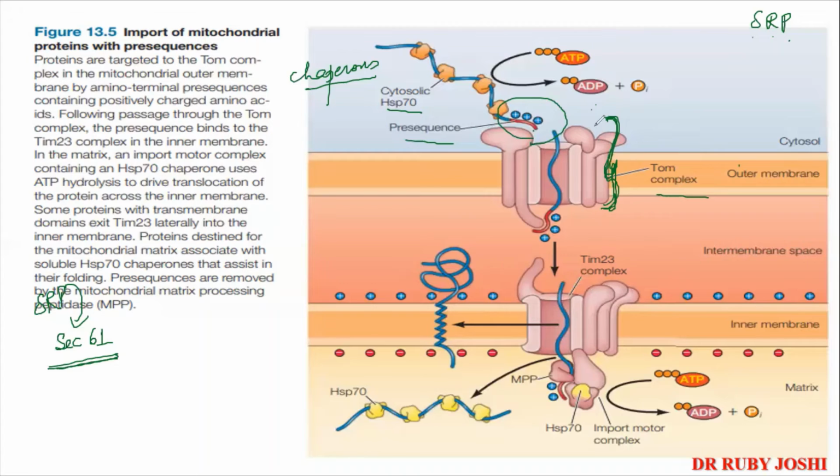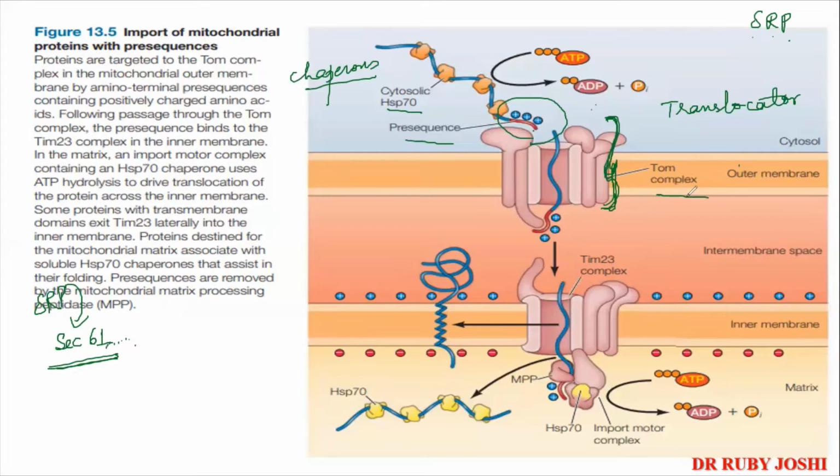What is the function of it? What does it do? Transport. Transport is a very generic name, but when we talk about protein sorting, what is another word instead of transport? It is your translocator, right? Sec61 was a translocator.